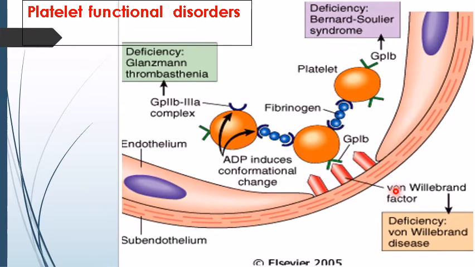So this slide summarizes in short the inherited functional platelet disorders. You can scan it quickly. They are a sort of rare disease. Just be familiar with the names and the receptor affected.